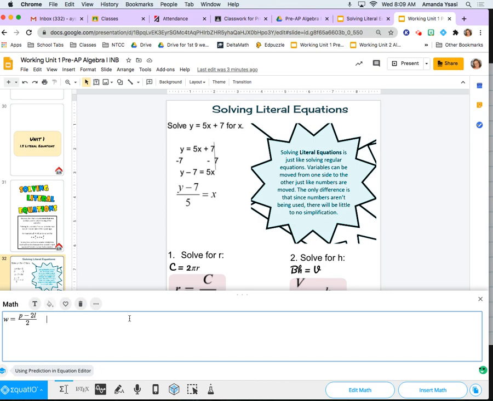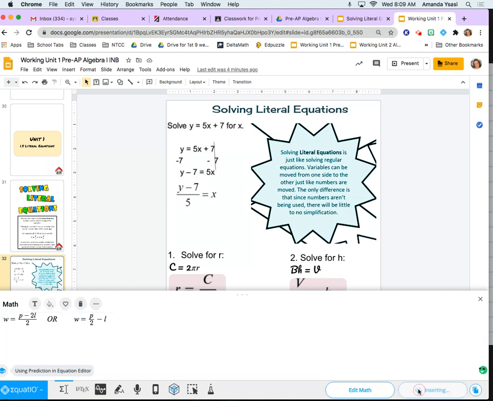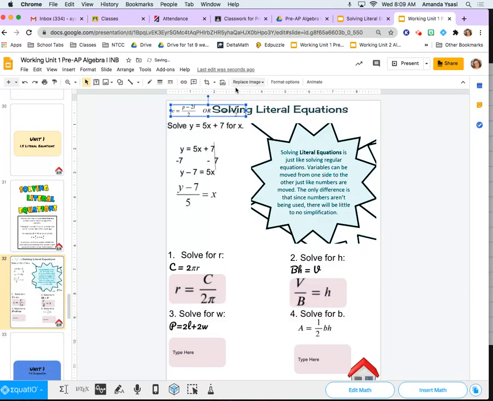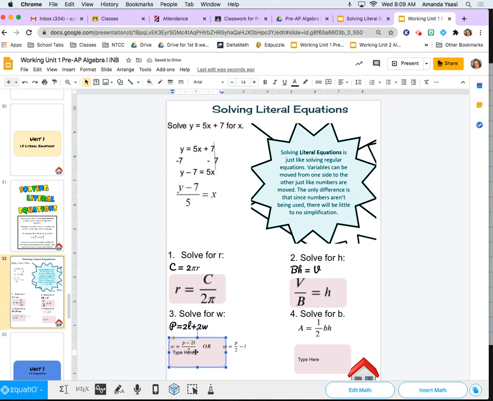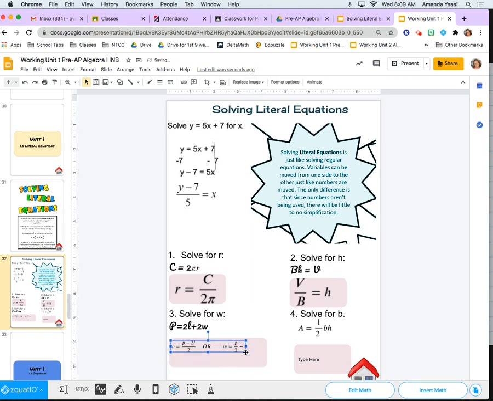And I'm going to type, or, W equals P over 2 minus L. You can type in either way, or both ways, really. Make this box a little bigger. There we go.